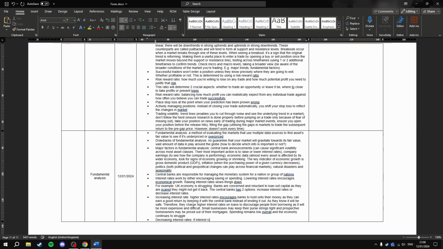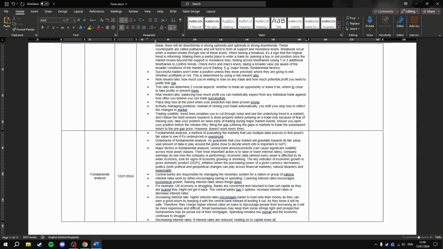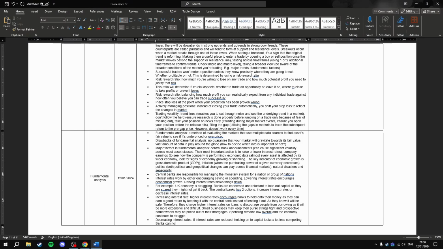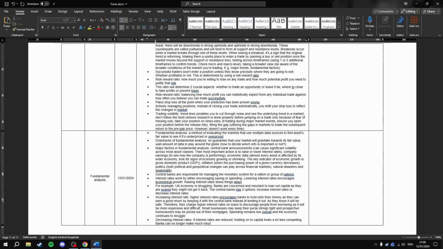Banks can no longer make much return from keeping money with the central bank.